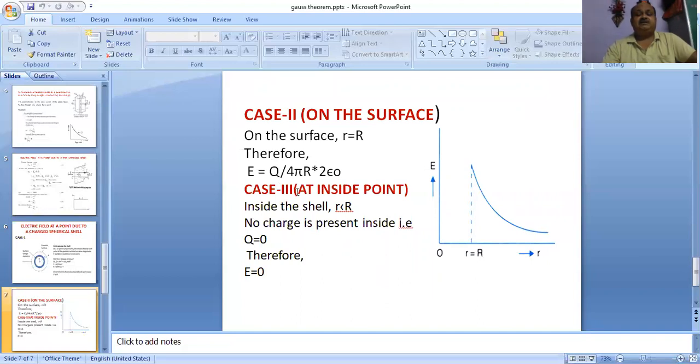And case 3 is at an inside point where r is less than R. No charge is present inside, so Q equals 0, therefore E equals 0. And this is the graph between E and r in this case. Up to the surface there is no electric field, and after the surface E is inversely proportional to r squared.